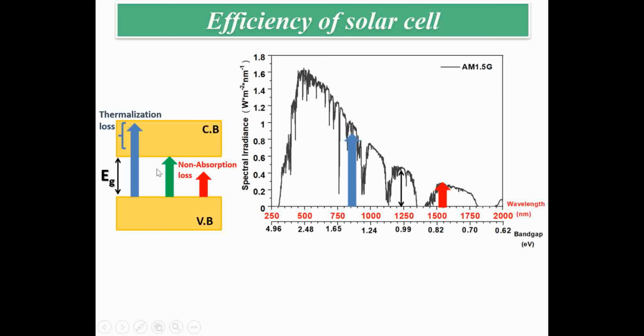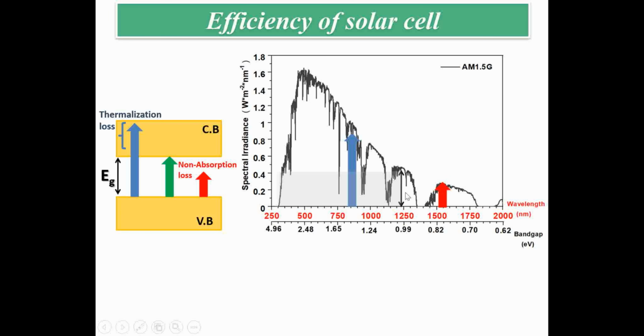We have already seen this. So what is the input power we have now? There are some losses, and the only useful power is the green color photon, which is perfectly absorbed, and part of the high energy photon. This dashed, shaded region is the region which is useful for us.